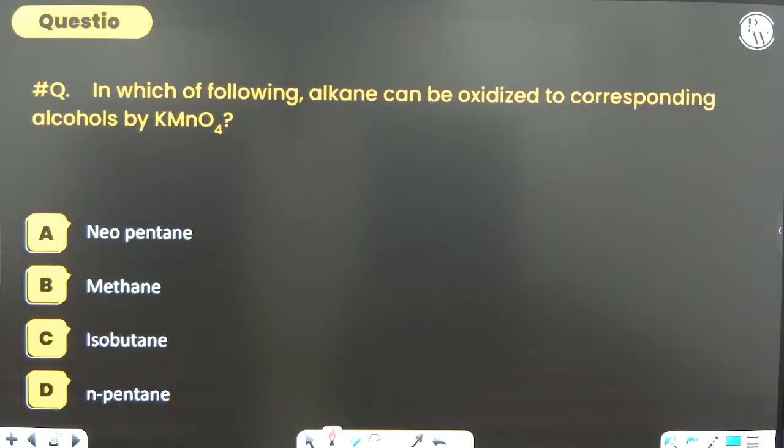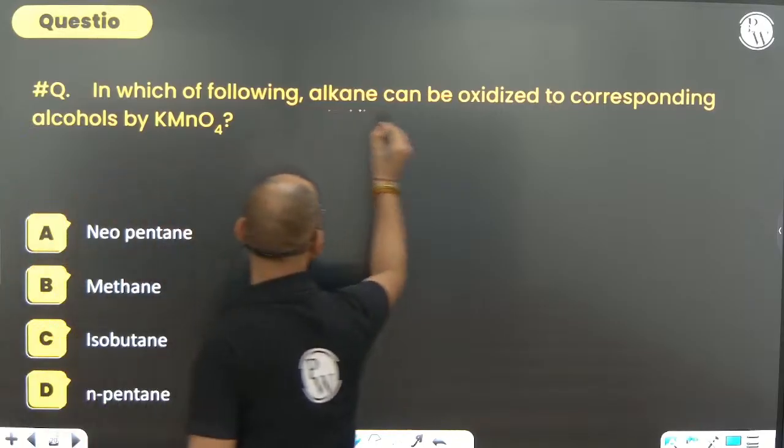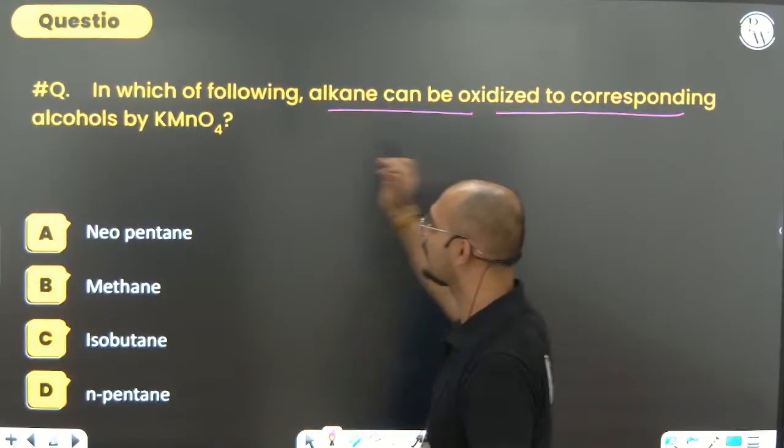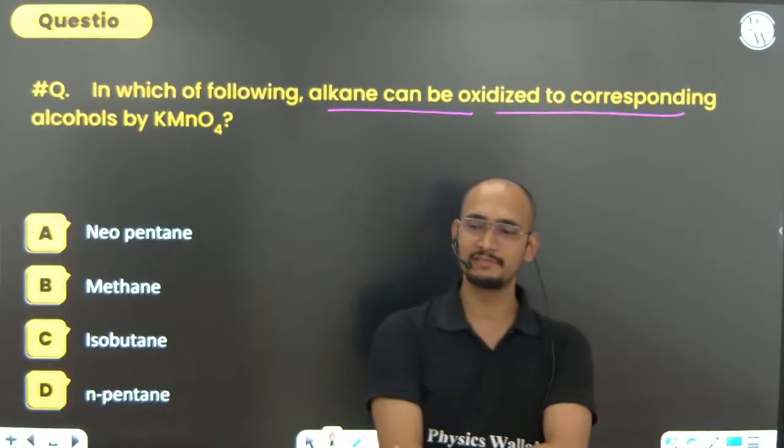Okay. Now, which of the following alkanes can be oxidized to corresponding alcohols by KMnO4? Chalo, dekhte hain. Just a minute. Yes. So in this case, which of the following alkanes can be oxidized to corresponding alcohols? Now, alkanes ka oxidation is not so easy.